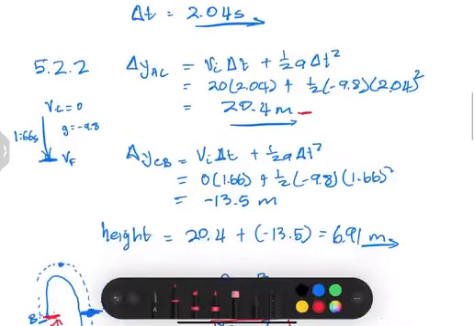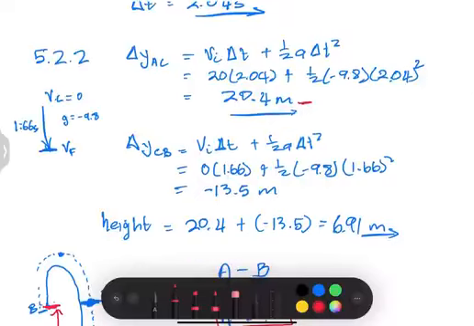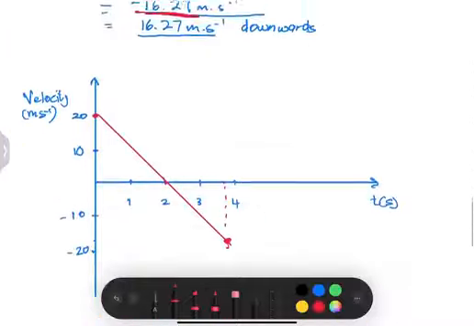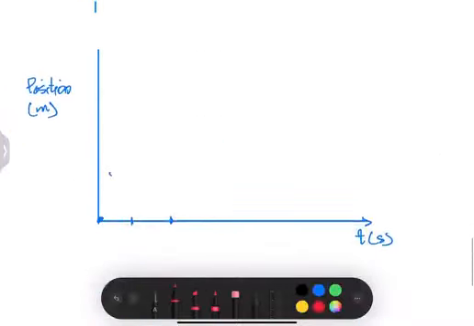And then thereafter, after the additional 1.66, our position would have been 6.91, right? So at 2.04, our position was 20.6. So let's say 10 and 20 there. Okay, so at that time, that would be our position.